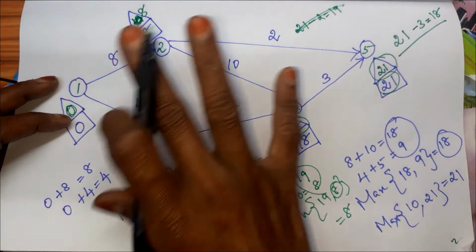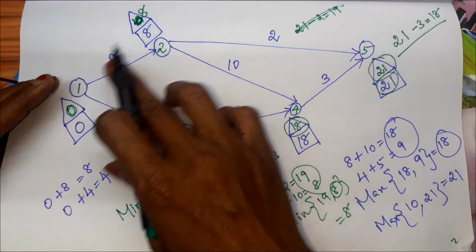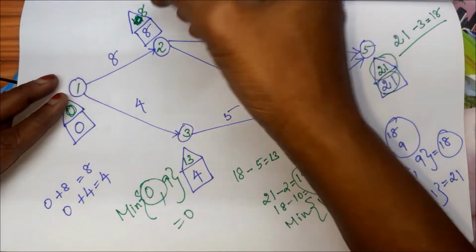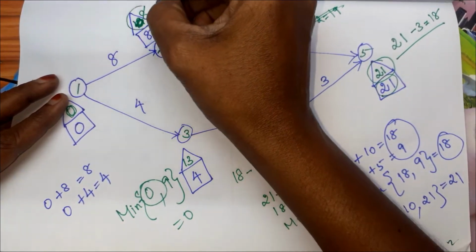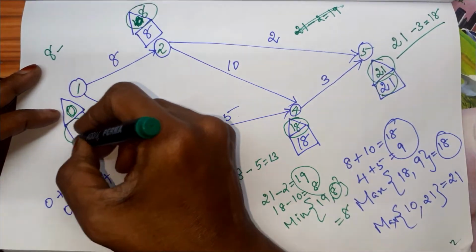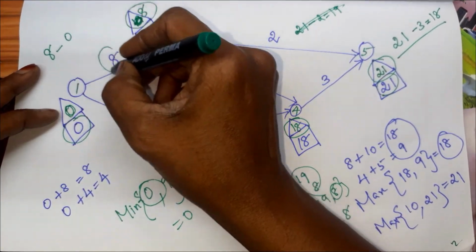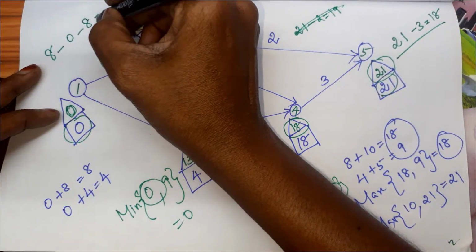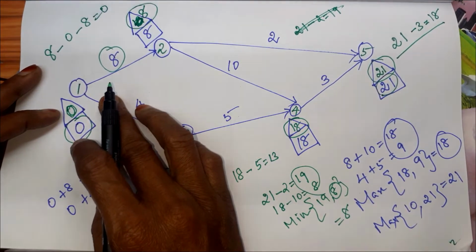How to check whether every activity is a critical activity? For this activity 1, 2, we are going to check. First you take the triangle value, minus this box value, minus the duration. If it is 0, that is a critical activity.